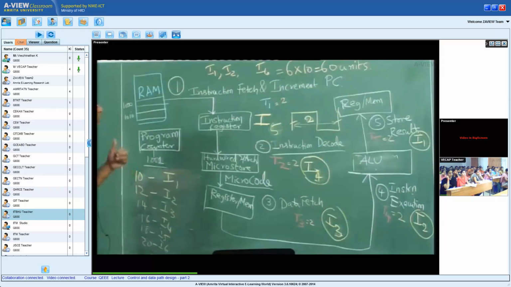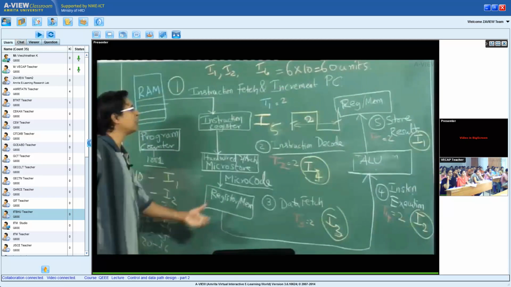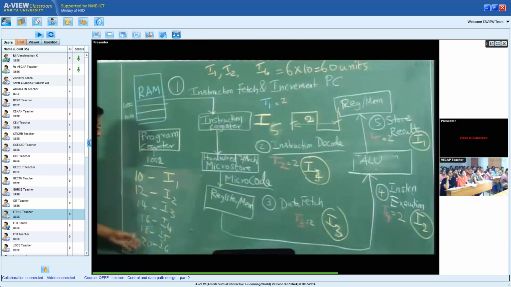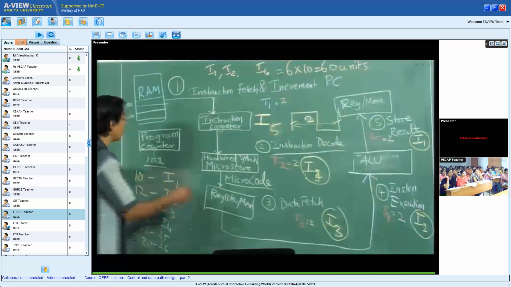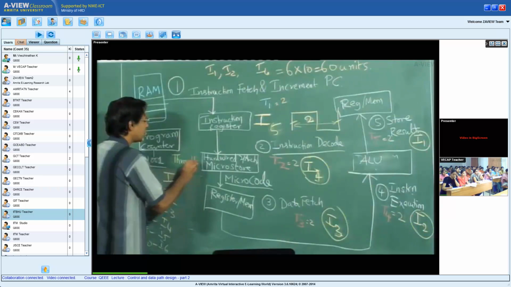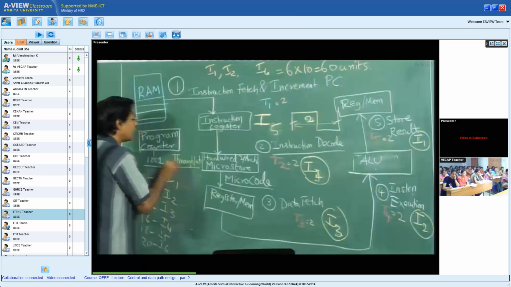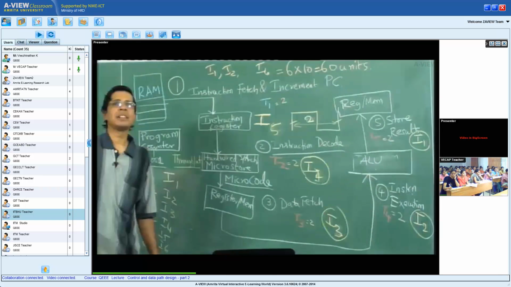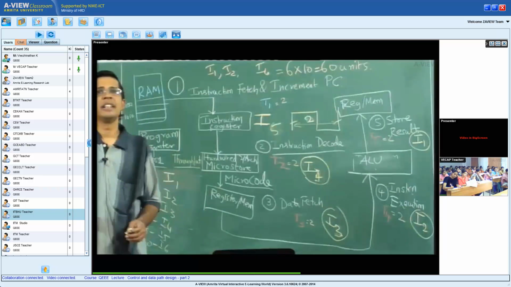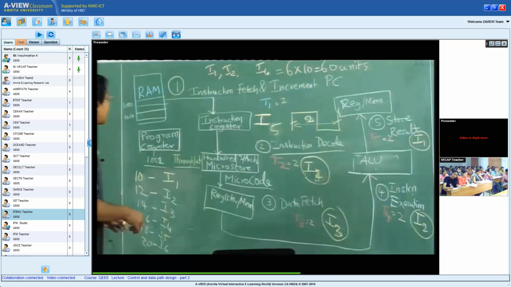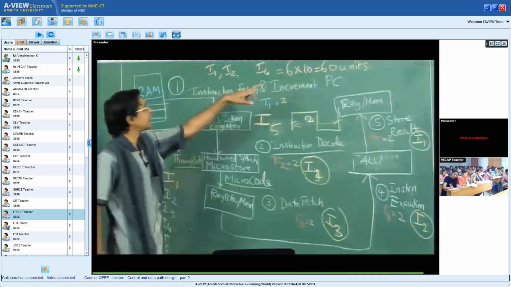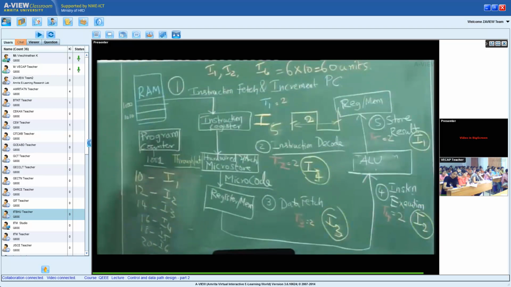So your frequency has improved 5 times, and this is called throughput. The throughput is nothing but the number of instructions I could finish in unit time. That has improved by 3 times. It took 60 units, now it takes 20 units.